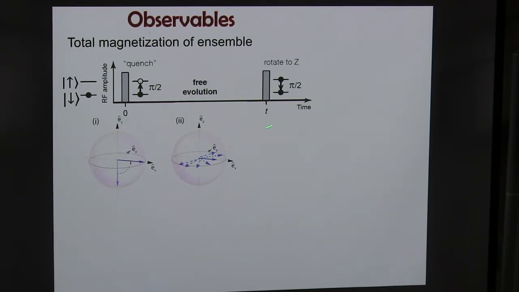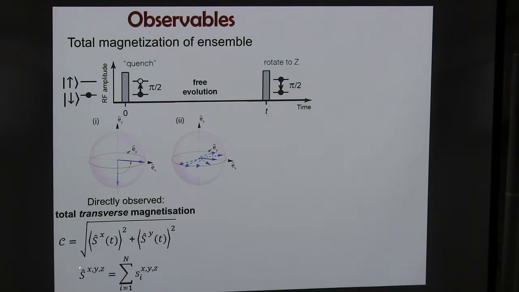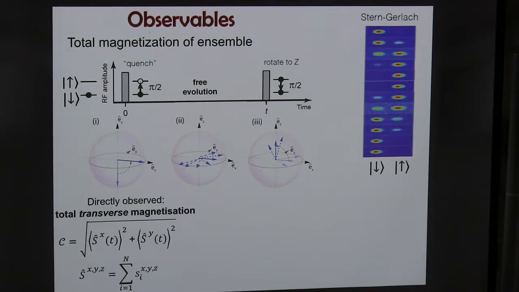Then we wait some time t, and the system freely evolves. Then we measure the total transverse magnetization, that is the length of the collective Bloch vector in the XY plane, and that can be defined in terms of the collective spin operator. So S_i is a spin operator acting on particle i, so we look at the collective observable that can be measured by applying a second pi-half pulse, and then measuring the population of the up and down spins via Stern-Gerlach.